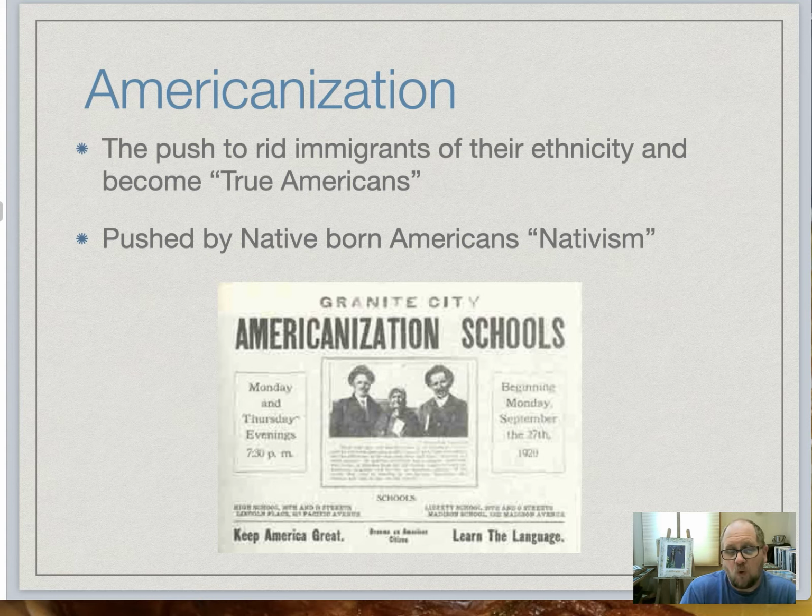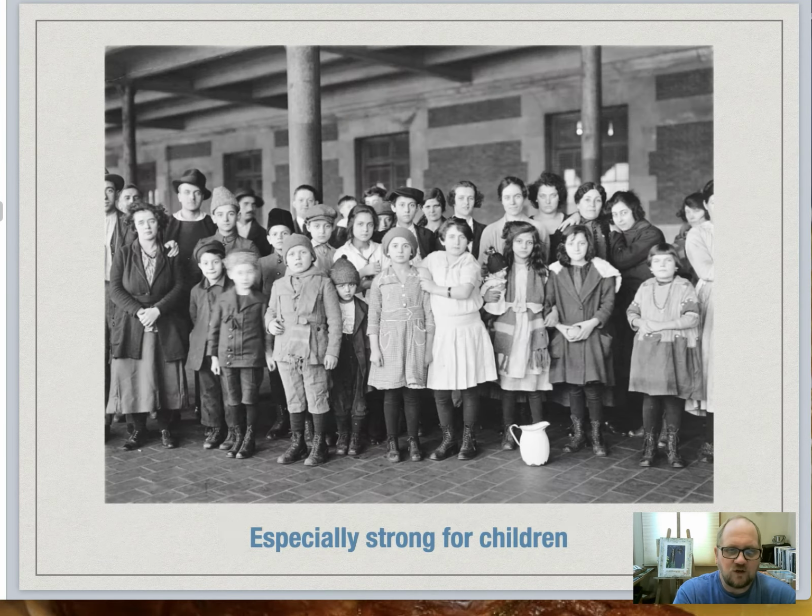And some immigrants wanted to do that, and some immigrants were forced that they needed to do that. Typically, the children were the ones who were the most assimilated almost voluntarily. Many of them wanted to almost lose their ethnic past so they could fit in more with the current children growing up.